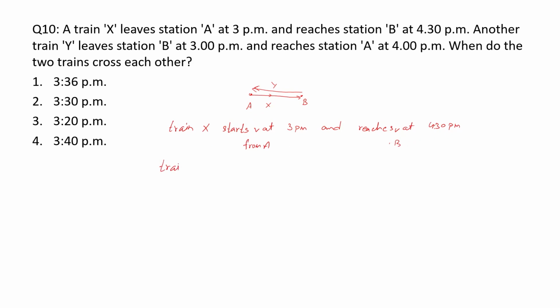Similarly, train Y starts from B at 3 p.m., the same time, and reaches A at 4 p.m. So you can see that train Y is moving faster than train X.